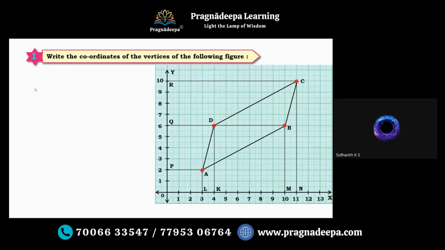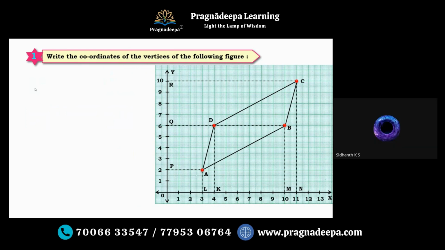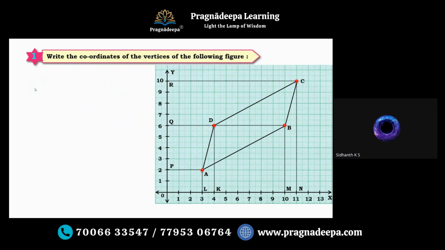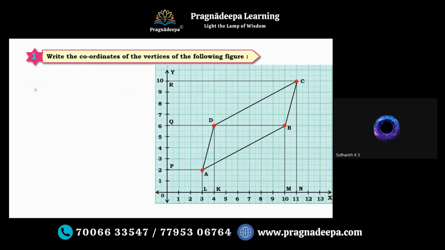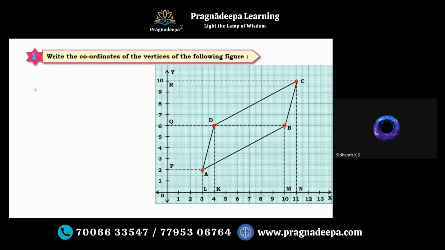Okay, sir. I'll take a random one. A. Sir, A will be 3, 2. M or N? N. Sir, N will be 11, 0. Perfect. R. R will be 0, 10. Good going. Speed up.